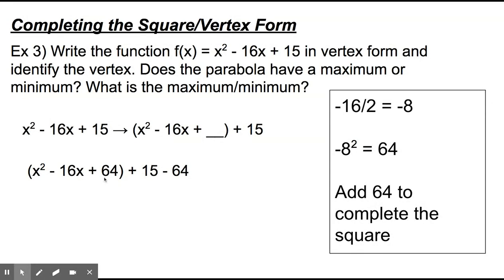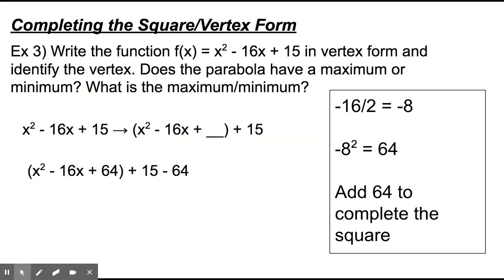But now remember what I said, we have to keep this equation balanced. We can't just add or subtract things because we want to. That changes the original equation, right? So whatever we do, we have to keep it balanced so that we're not changing what we originally started with. Since I added 64 to the equation, I'm going ahead and subtracting 64. Because if I do this, the 64 and the minus 64 will cancel each other out, right?